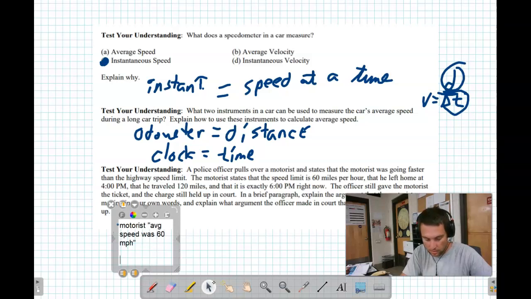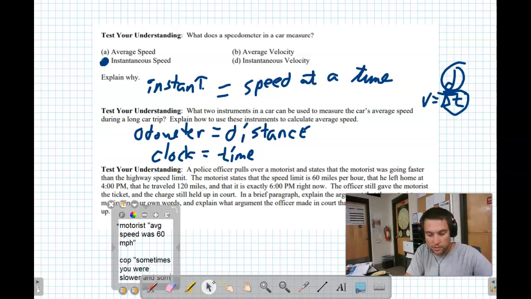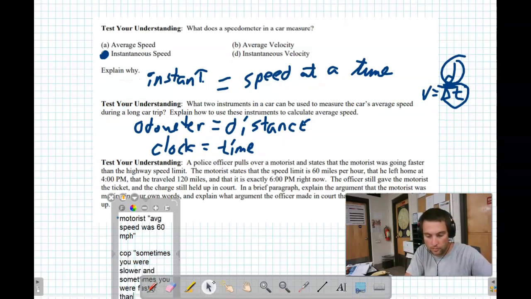Meanwhile, the cop says sometimes you were slower and sometimes you were faster. So you had to have been speeding at some time.